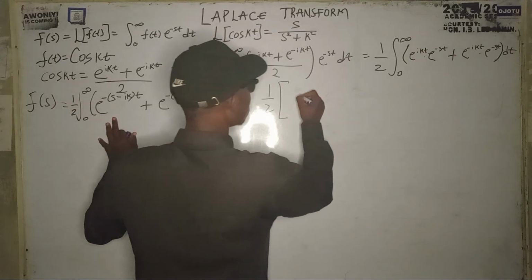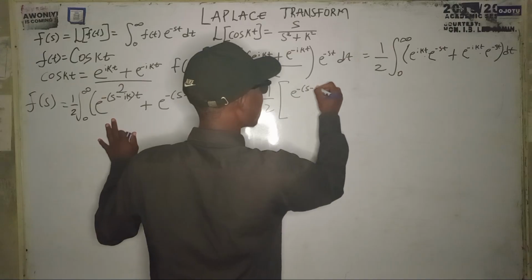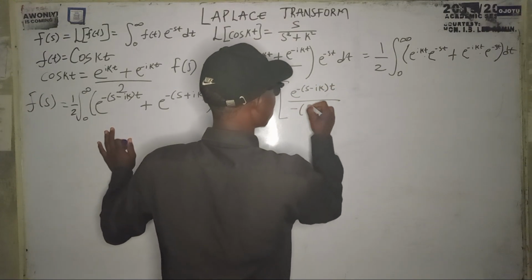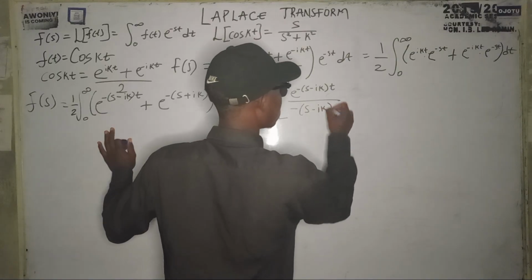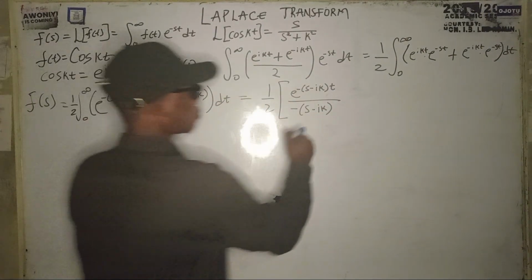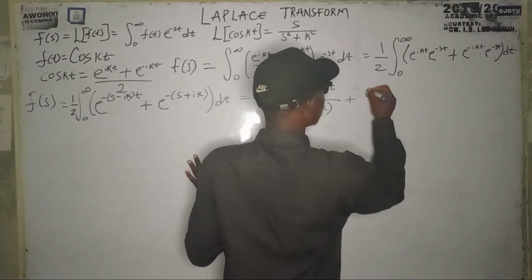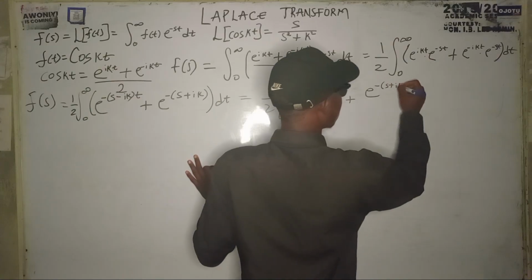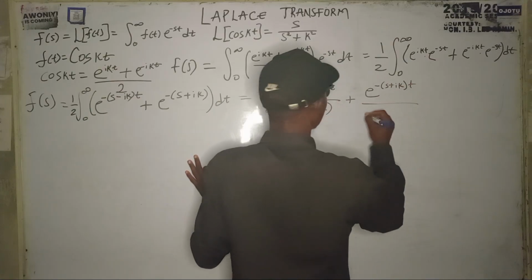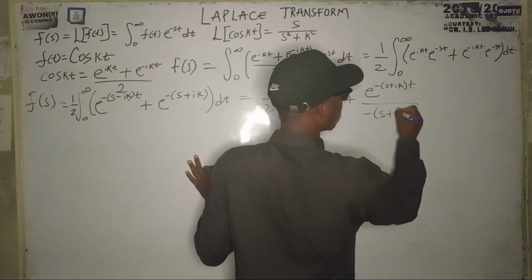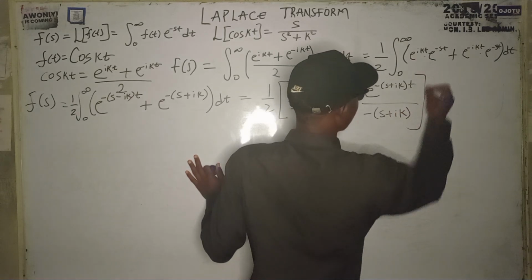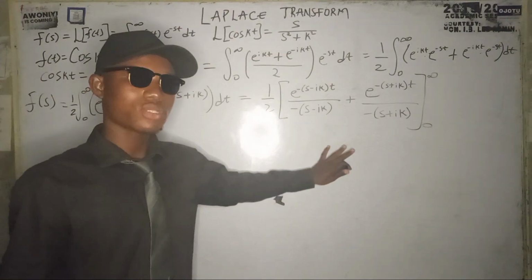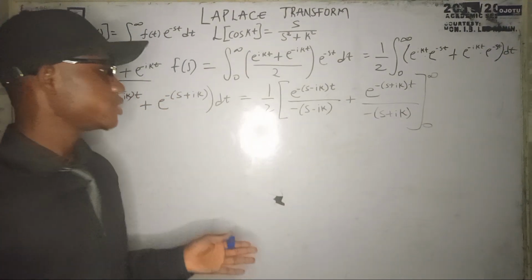Now I have e raised power minus open bracket s minus ik close bracket t over minus s minus ik, and also here we have plus e raised power minus s plus ik t over minus into bracket s plus ik, now from infinity to 0. So what we just need to do is input our values of infinity and 0, and we'll get our answer.